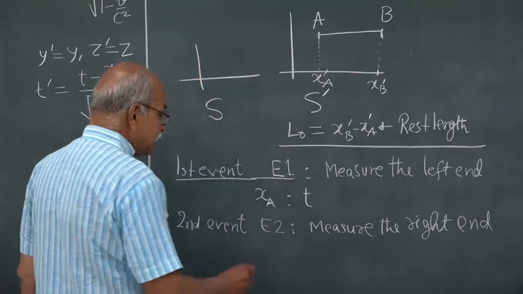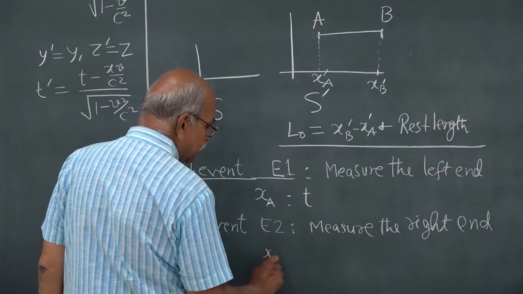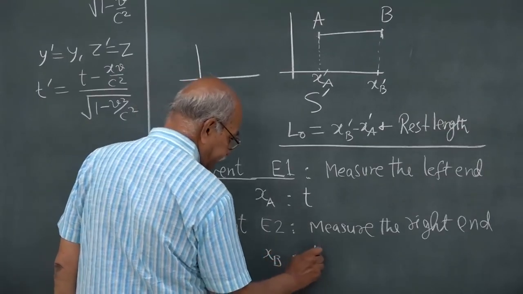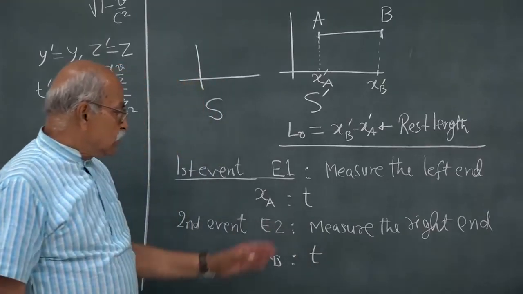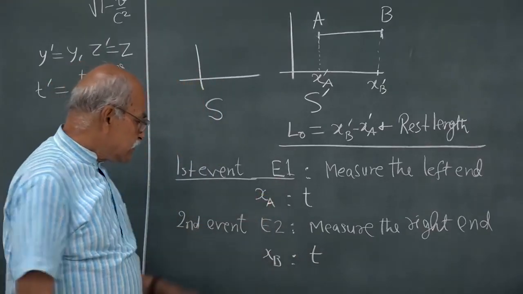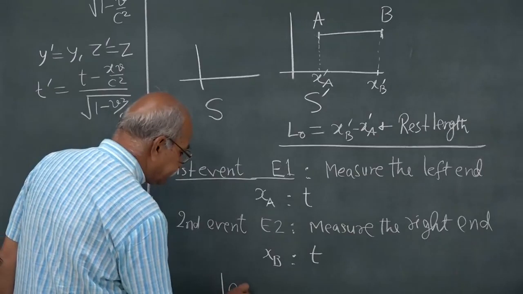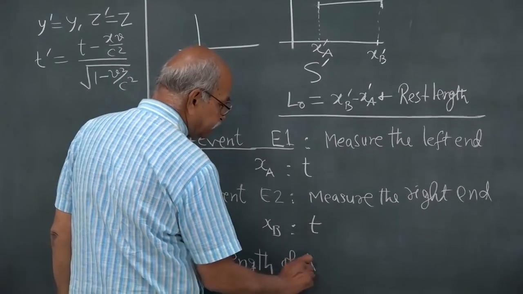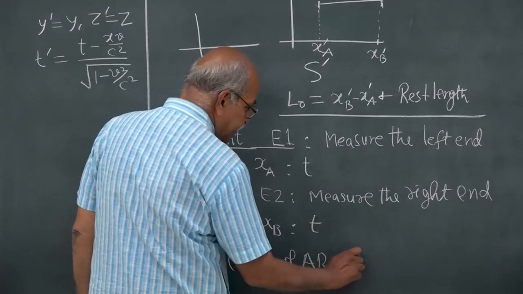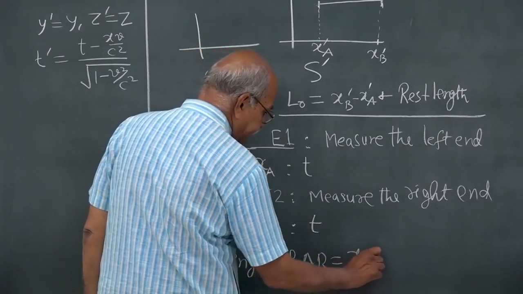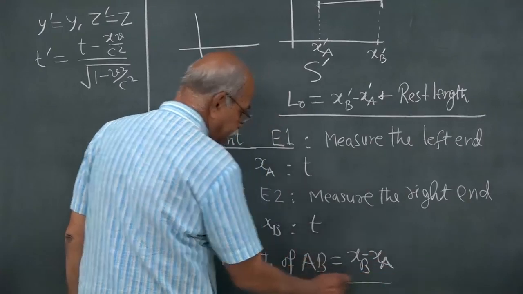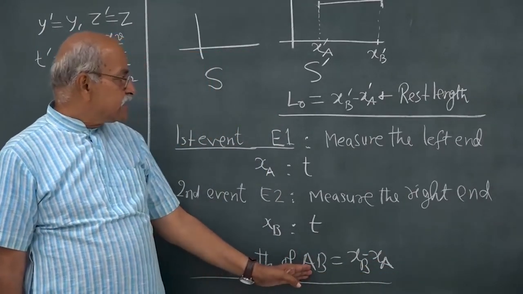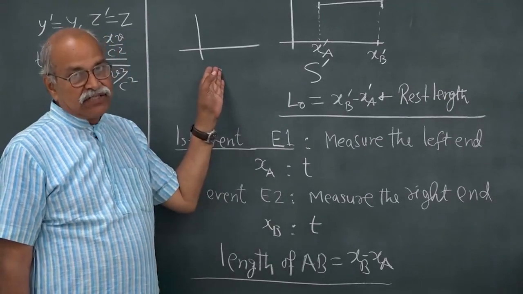So, at the same time, and the coordinates will be, let us say, x B, and the time is t. So, these are the measurements, and therefore, the length of AB will be x B minus x A.